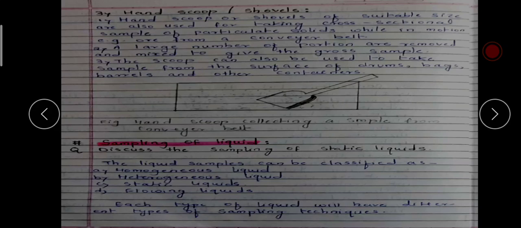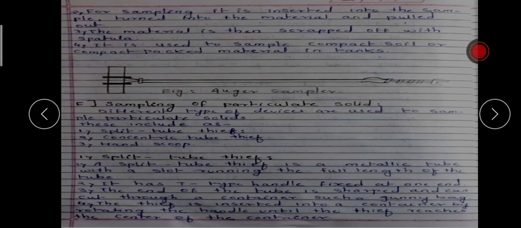A large number of portions are removed and mixed to give the gross sample. The scoop can also be used to take a sample from the surface of drums, bags, barrels and other containers. You can see sampling of the particulate solid.